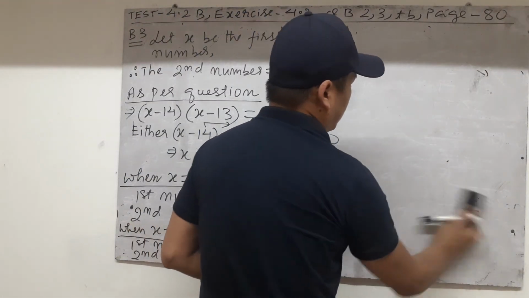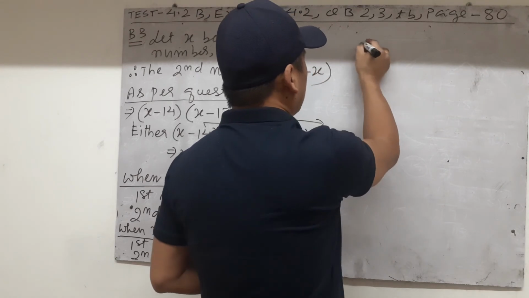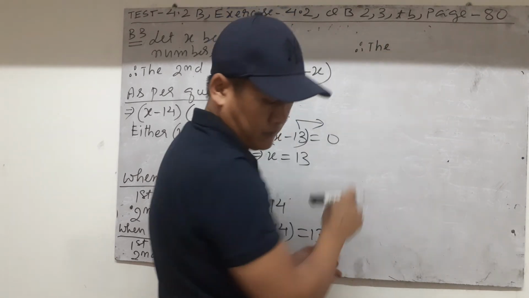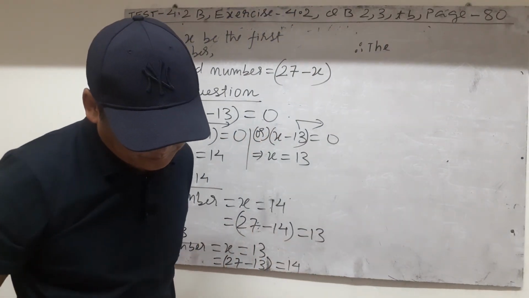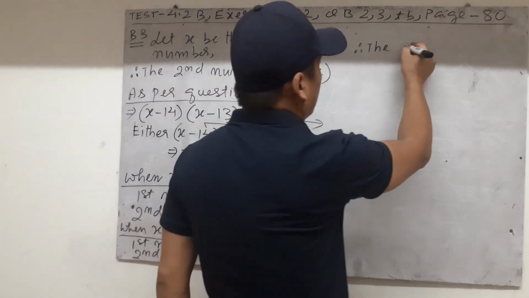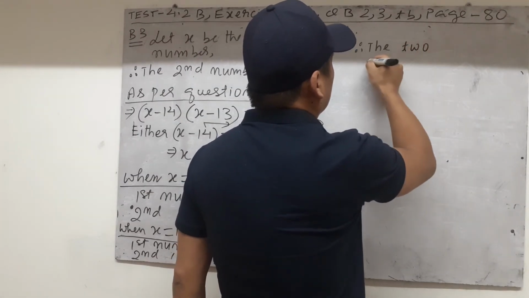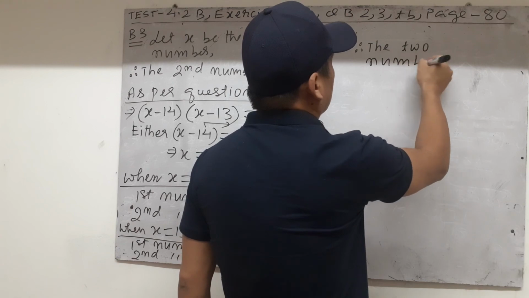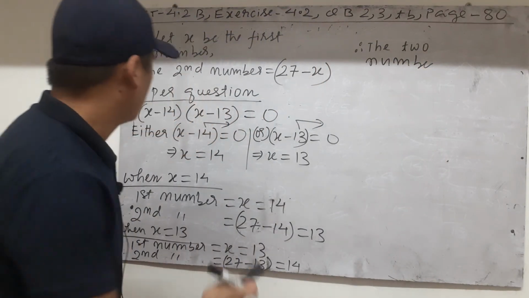So next, finally you can write down here, therefore, find the two numbers, or you can just write it here if you want.